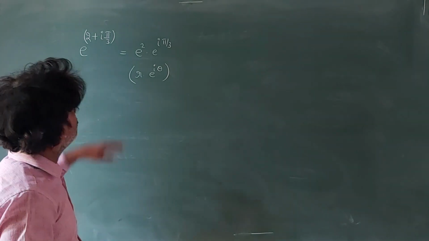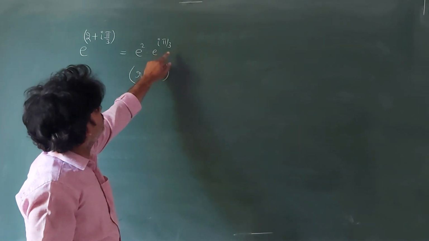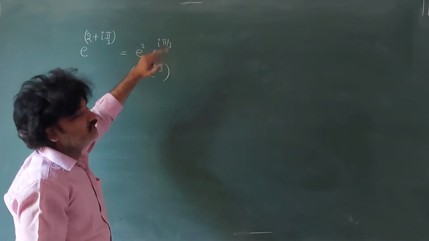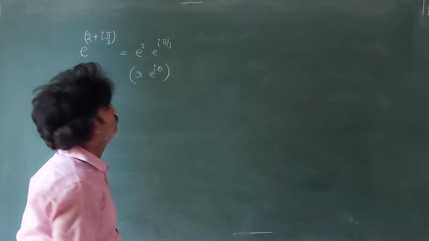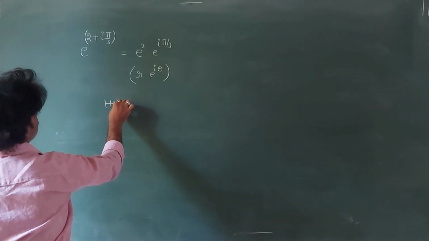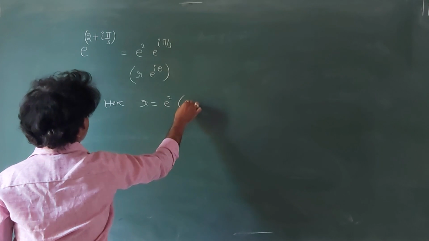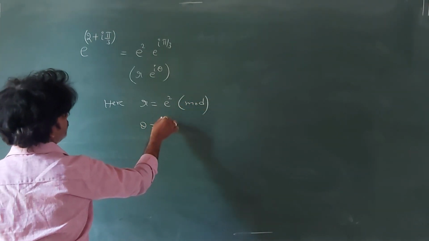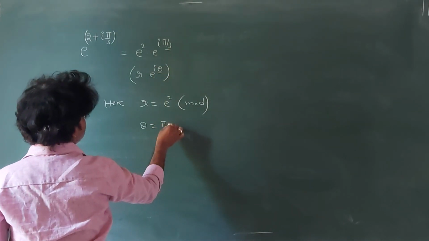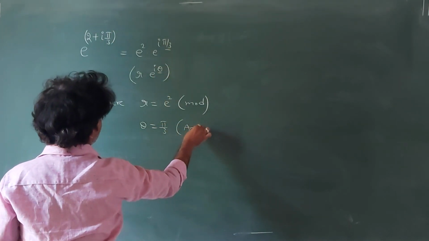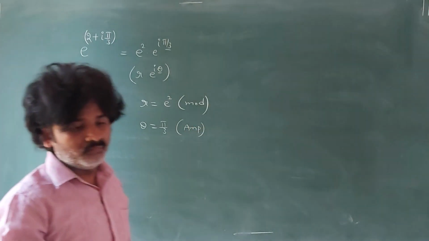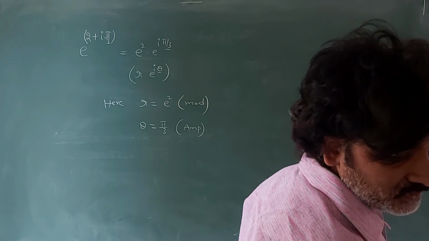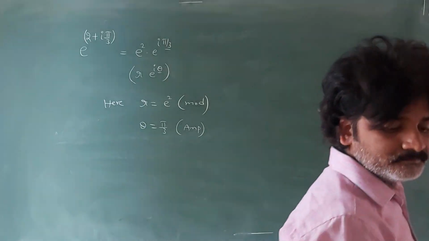It is in the form r into e power i theta, where r is the modulus of the complex number and theta is its amplitude. So if you compare, r is e square, which is the modulus, and theta is pi by 3, which is the amplitude. So the modulus is e power 2 and the amplitude is pi by 3. Simply, the first option is the answer.